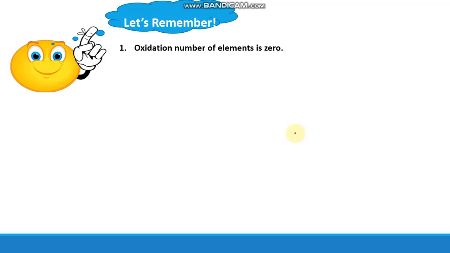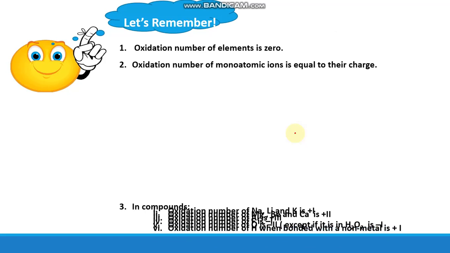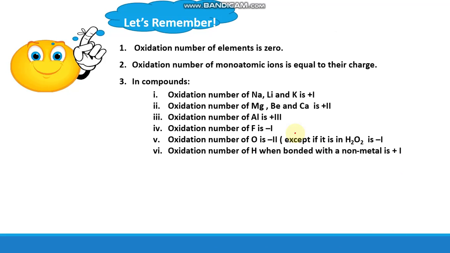The first one: the oxidation number of elements is equal to 0. The oxidation number of monoatomic ions is equal to their charge. In compounds, the oxidation number of Na, Li, and K is +1. The oxidation number of Mg, Be, and Ca is +2.